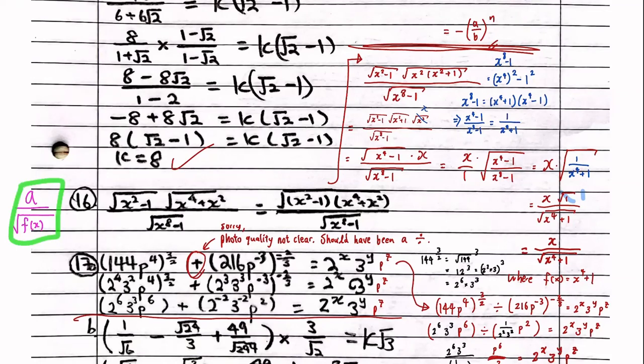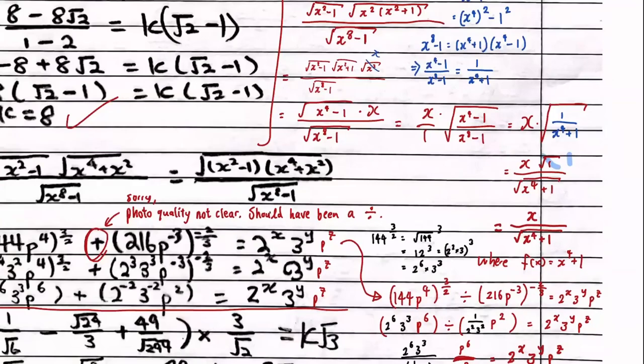Okay, what they mean here is that a is just a number, no square roots, no variables as well, no x. Just purely a number a. Then here, square root of f of x means that in your final answer, you must display a square root of something.